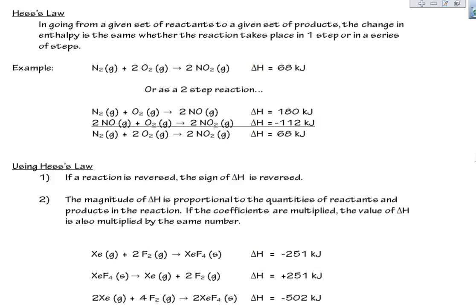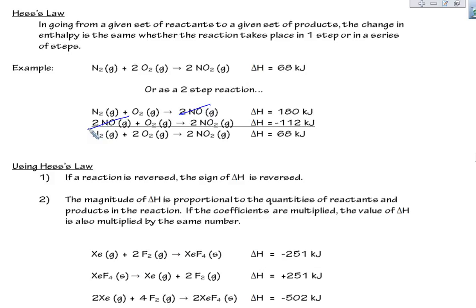You can always cancel like terms. In the first step, nitrogen and oxygen produce nitrogen monoxide. Then in the second step, that nitrogen monoxide is consumed as we react it with more oxygen to finally form the nitrogen dioxide. You could cancel these.